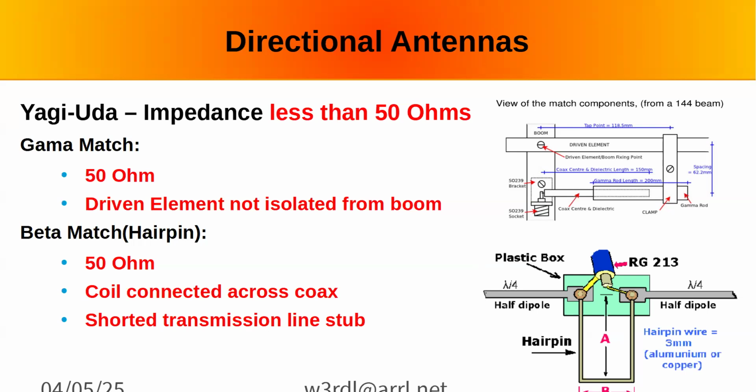So you're going to connect one side of your feed line to the boom and driven element, and then the other side goes through this sort of capacitor inductor affair with a sliding rod that you have to adjust to get the right impedance.